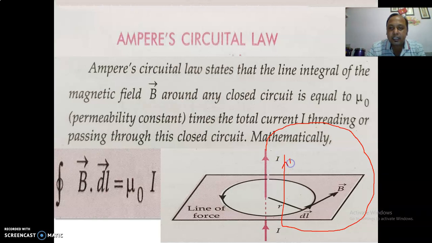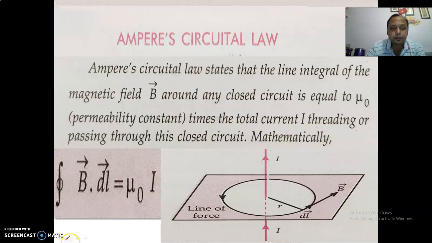The current here is I. Now the formula for integration B dot dl will be equal to mu naught into the total current threading the loop. Here the total current threading the loop is I plus I, that is 2I. So a 2 will come, which shows the total current threading the loop, 2I. I hope this is clear to you. I here represents the total current.